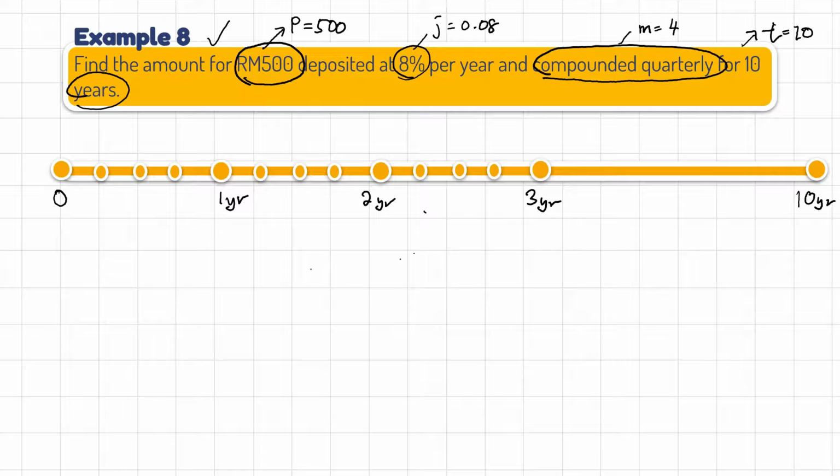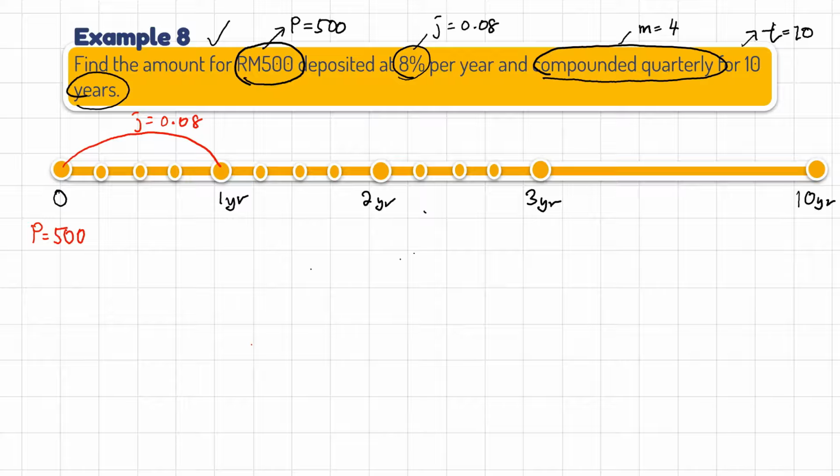Here we have P equals 500, so we are going to write P here equals 500. And then 8%, which means 8% per year. The loop will be from 0 to 1 year, and we will write j equals 0.08, compounded quarterly for 10 years.